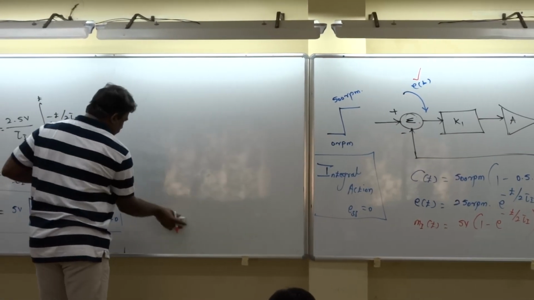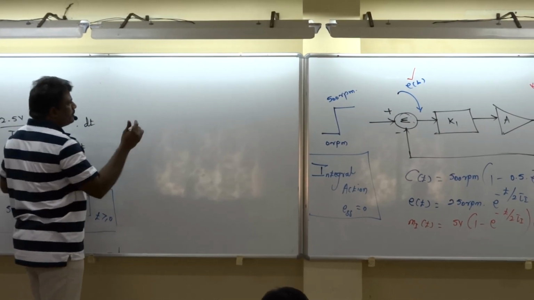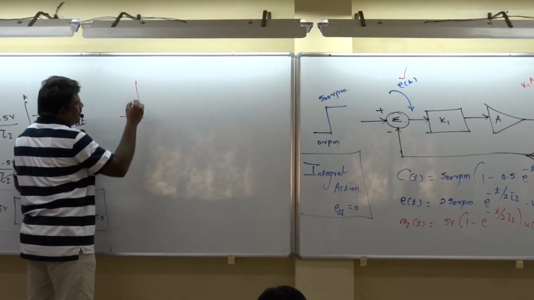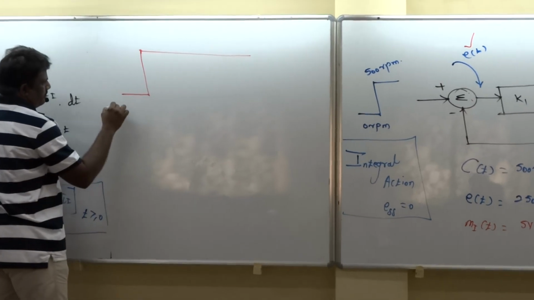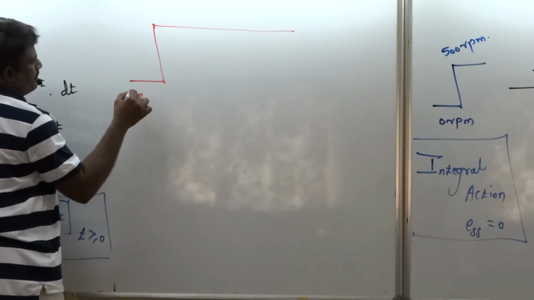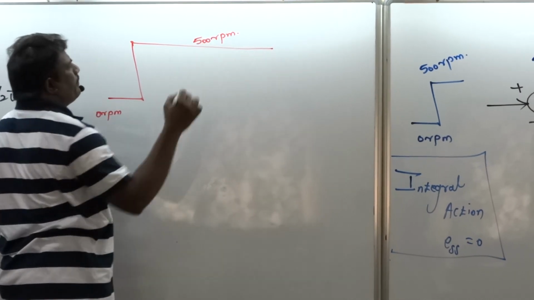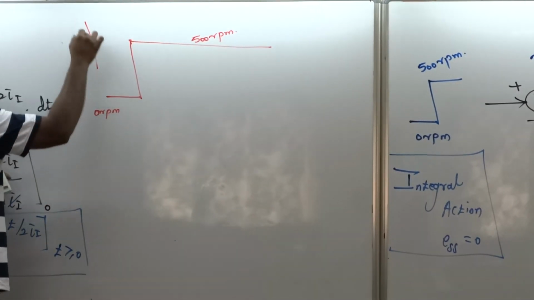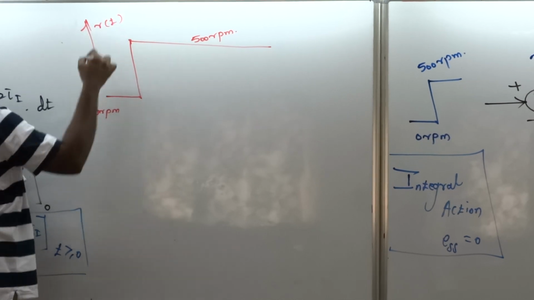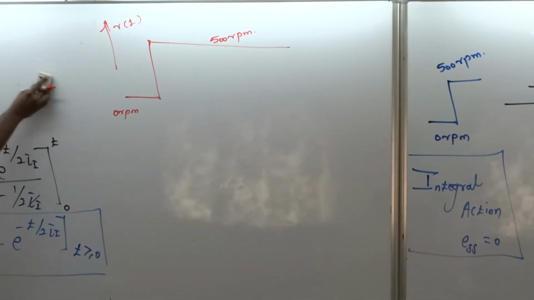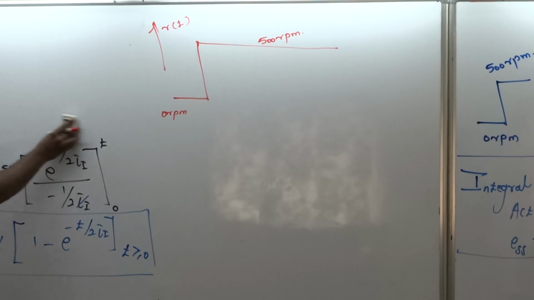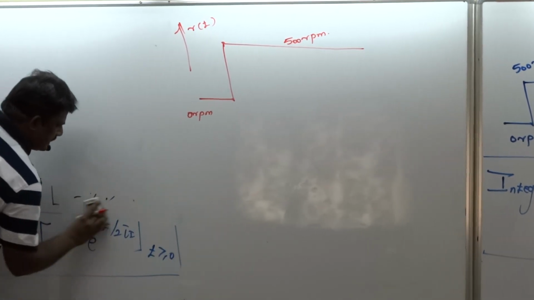Take the command going from 0 RPM to 500 RPM. Then you immediately get the error signal.